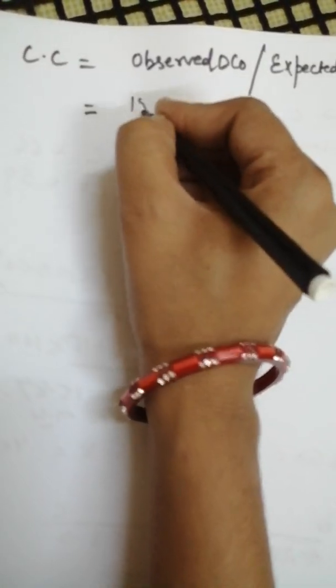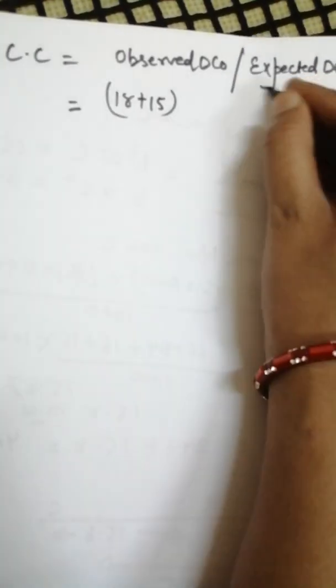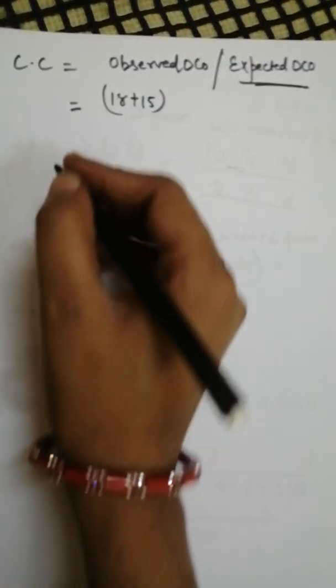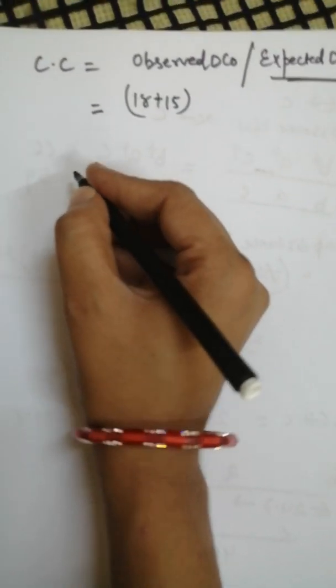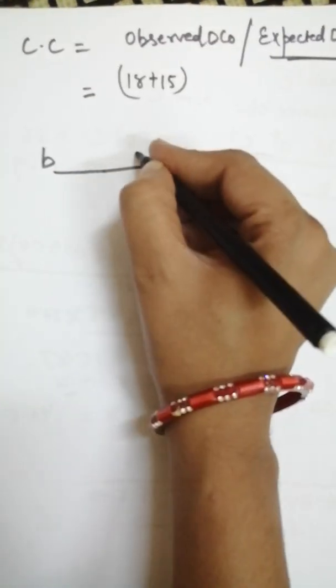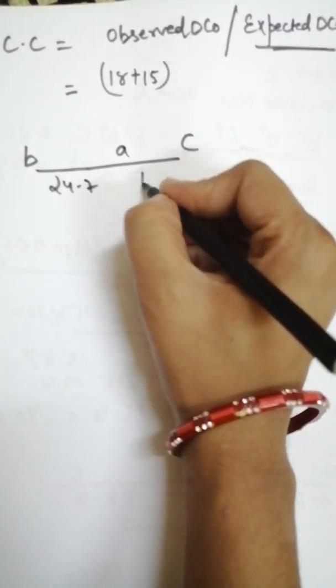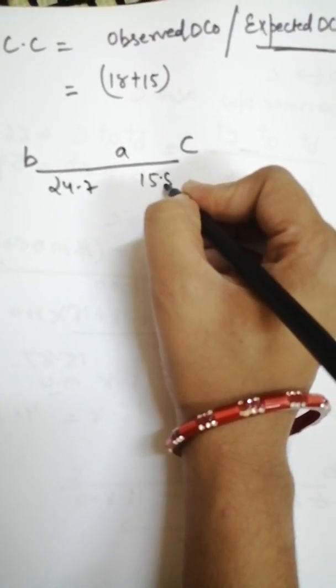Observed double crossover we can find from the data, which is 18 plus 15. And expected double crossover we have to find from the gene map. We know that this is 24.7 and this is 15.8.